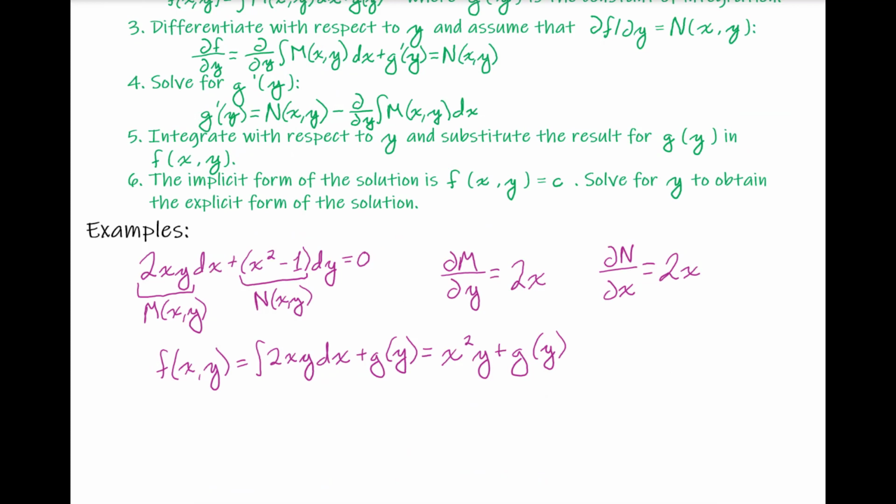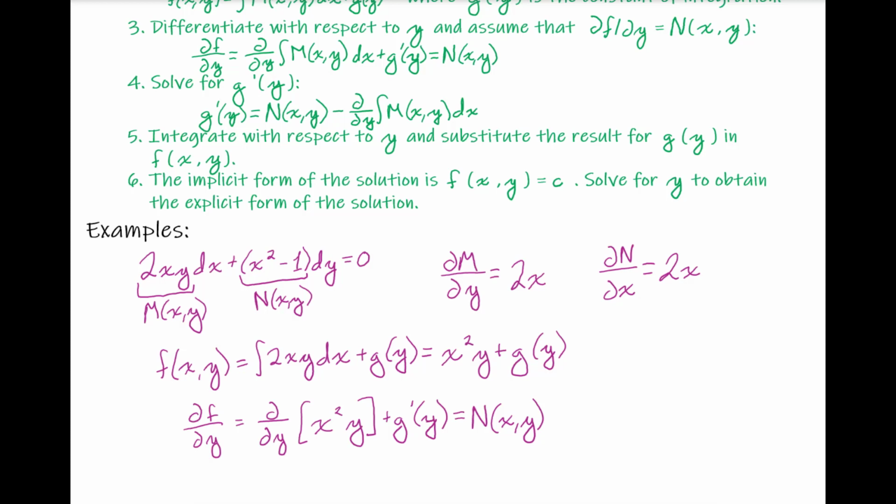So I'm going to differentiate with respect to y and assume that the partial derivative of f with respect to y is equal to N of x,y. What that will look like is the partial derivative of f with respect to y equals the partial derivative of x squared y with respect to y plus g prime of y equals N of x,y.